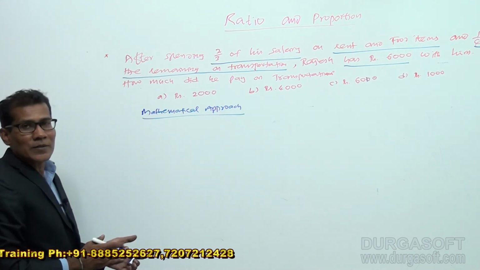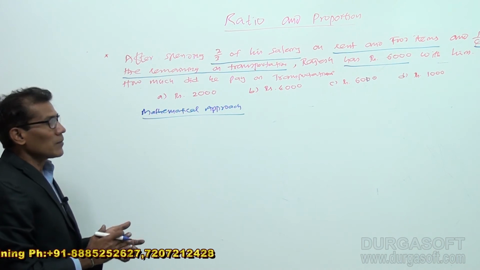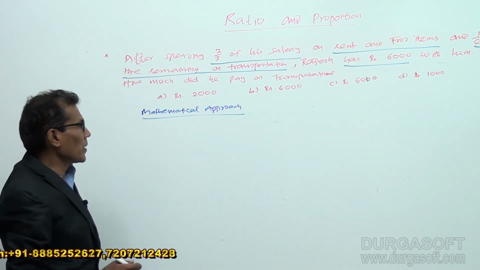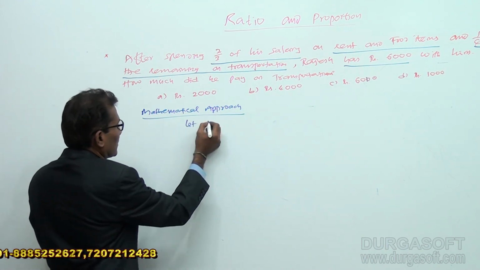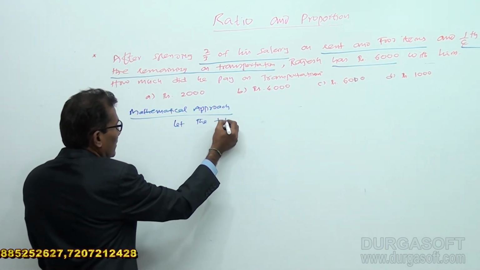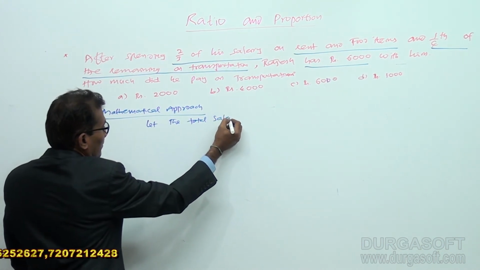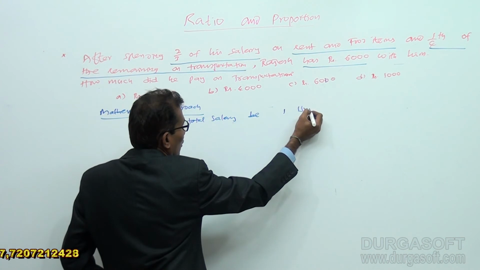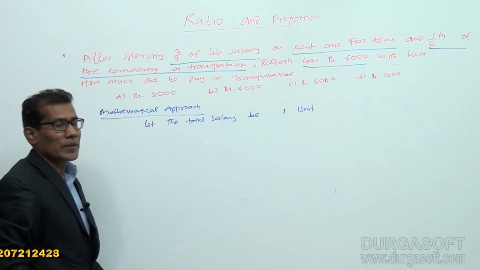Here the total salary we don't know. Let it be 1 unit, because everything is given in fractional format. We don't know how much the salary is, so let us take 1 unit.